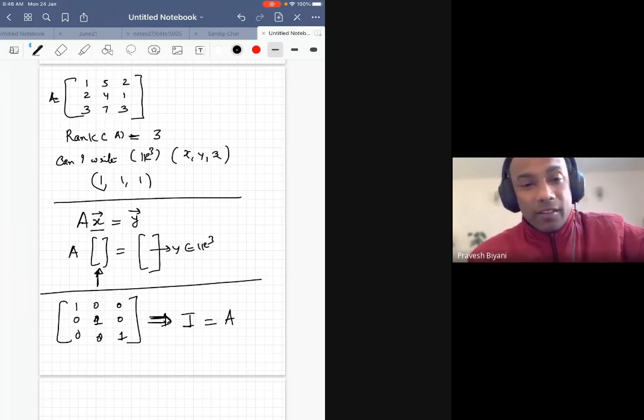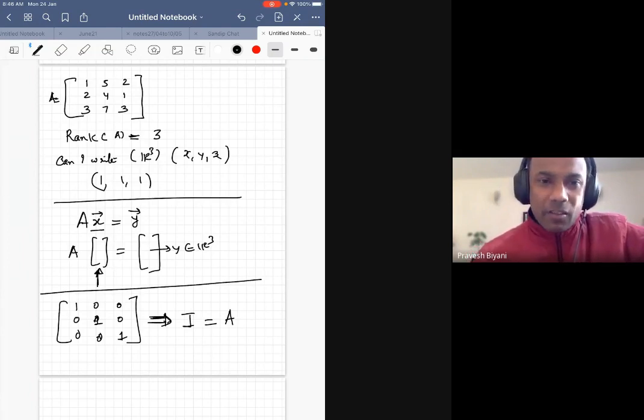What is important here, the crux of the whole discussion, is that columns of A contain a basis, and again we have not deliberated on basis in a lot of detail, but what we want to say is that columns of A contain the basis of a vector space.